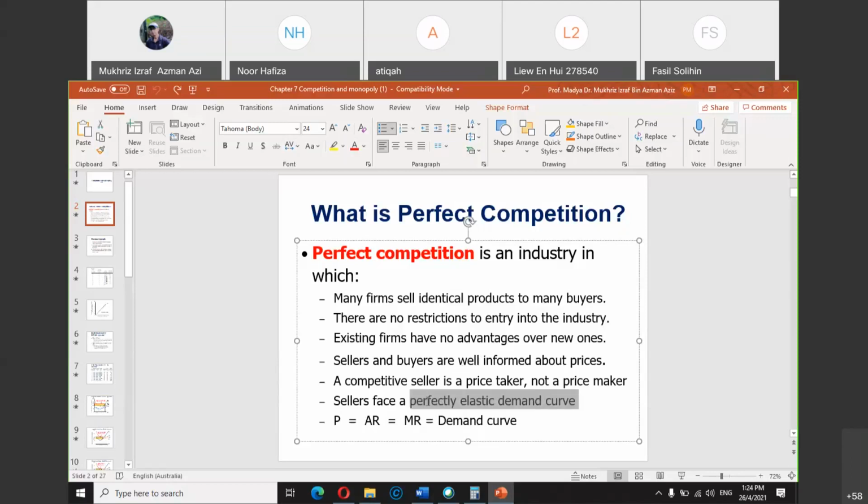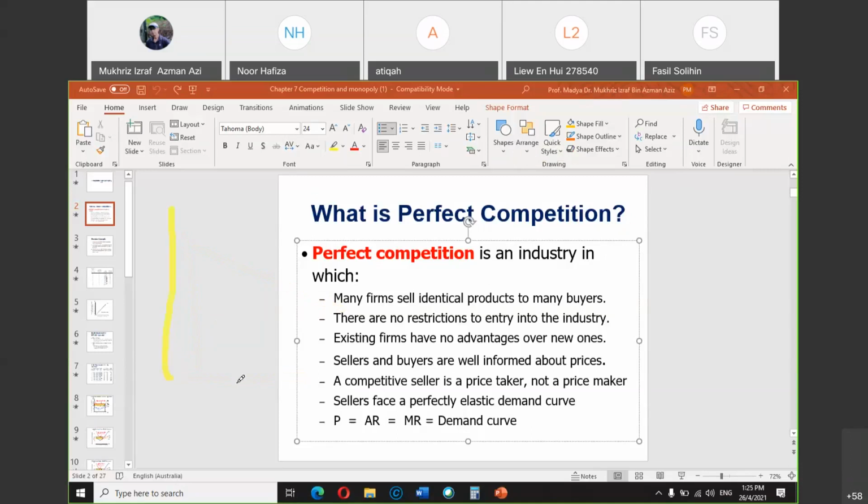So in the previous chapter on demand and supply, you learned about this concept of elasticity of demand and elasticity of supply. And one concept about elasticity of demand, you learned that demand can be elastic, which is quite a flat demand curve, or demand can be very inelastic, which is very steep, or another type of demand which you call perfectly elastic and also perfectly inelastic.